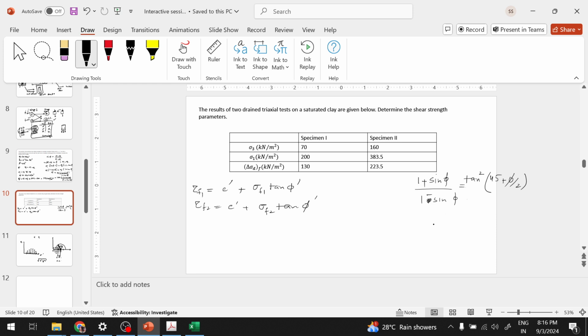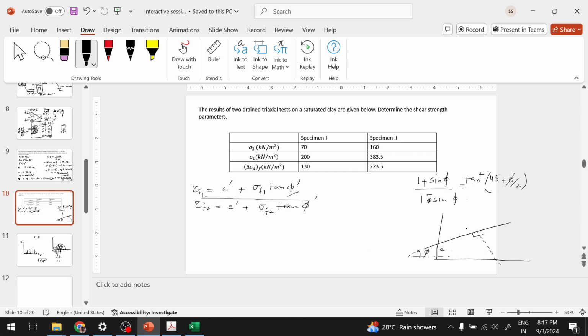So when we write the equation for tau f and sigma, like from the Mohr circle, if we have this is 90, this is phi, and this is c.